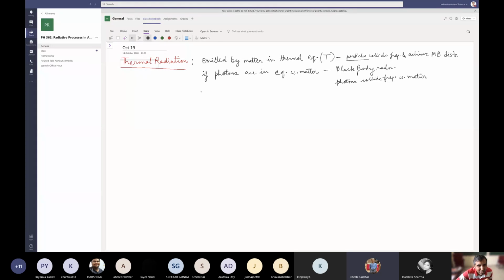So I'm asking whether the Maxwell-Boltzmann distribution happens only when the thermal equilibrium is black body radiation, or is it always this? No. When the matter is in thermal equilibrium, the matter has a Maxwell-Boltzmann distribution. For example, atmosphere, right? Earth's atmosphere.